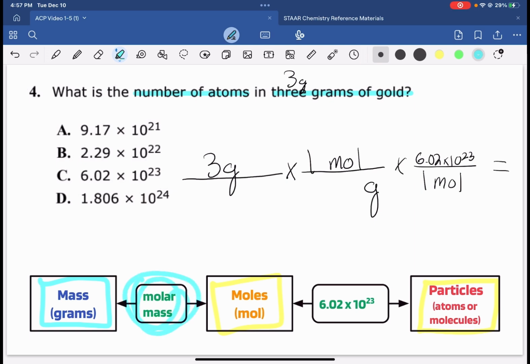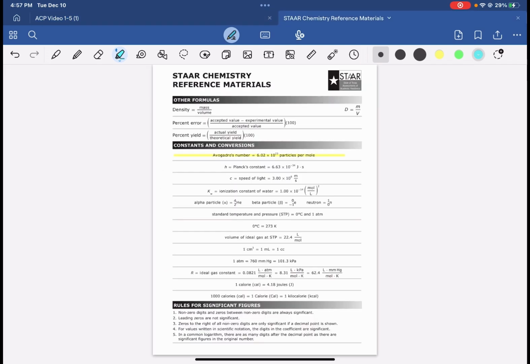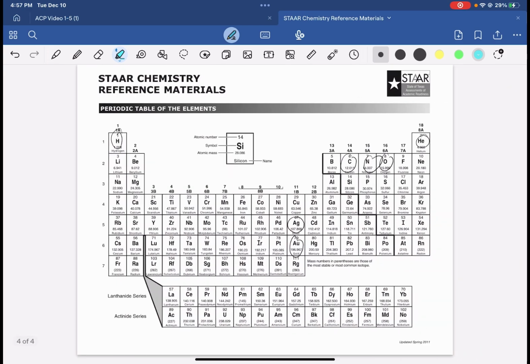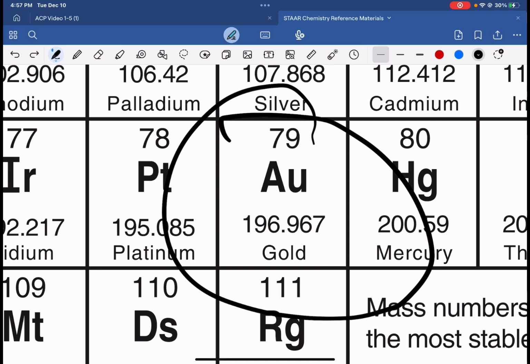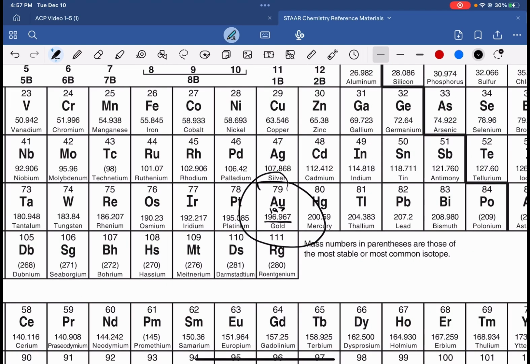Okay? The last thing that we need to find and pull out to solve this problem is molar mass. And remember, your molar mass comes from your periodic table. So we're going to go ahead and find gold on the periodic table, which is right here. Gold's mass is 196.967. So remember that rounds up to 197 because you have a 9 here that's going to round this 6 up to 7.